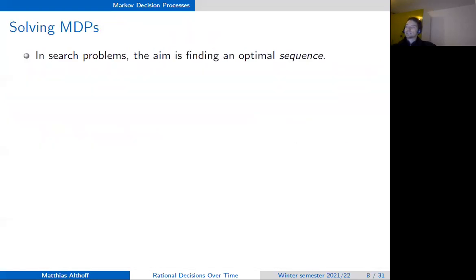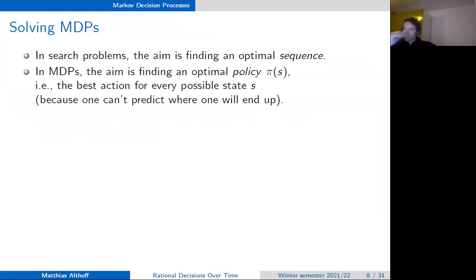And now we can start solving these Markov decision processes. So in search, the aim was to find an optimal sequence of inputs that led to an optimal sequence of states. In Markov decision processes, we cannot do this anymore, and we have to find an optimal policy.